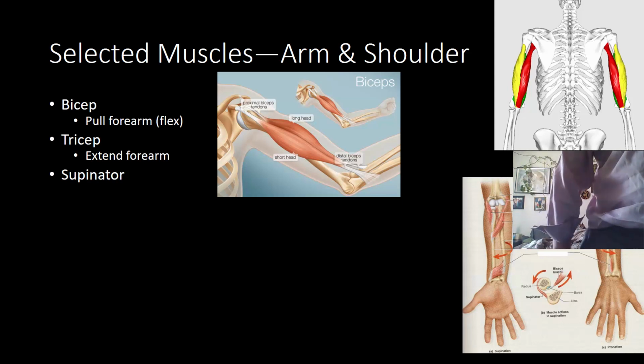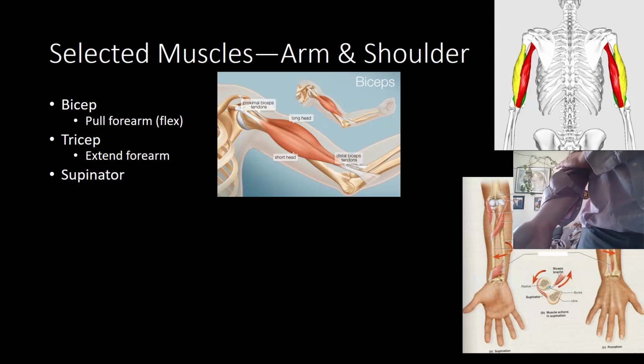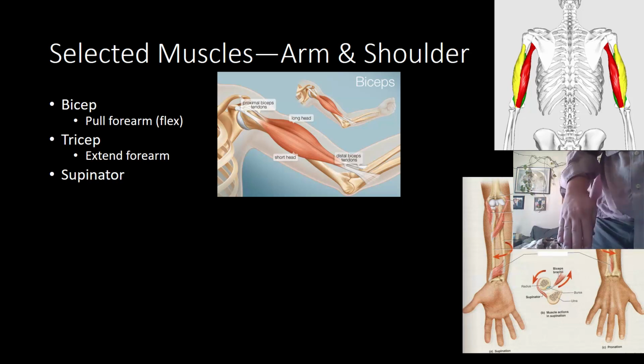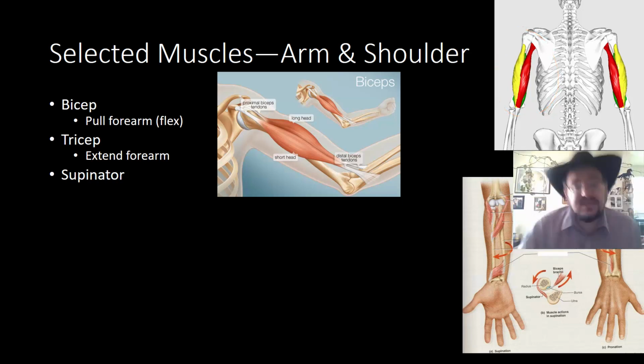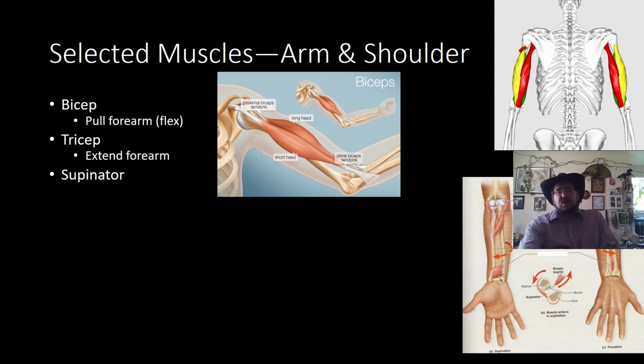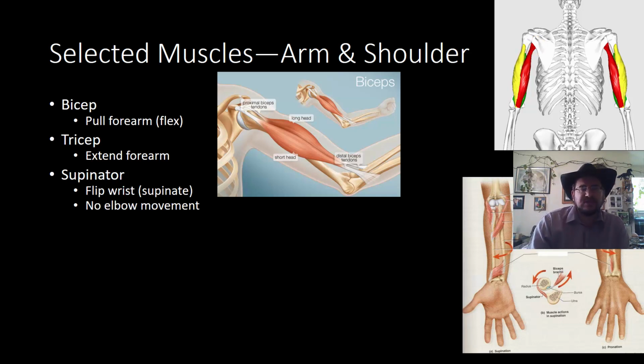I can twist my whole arm at the shoulder joint. That is not the supinator. The supinator is when my elbow is held still and I flip over my wrist. Supinator flips the wrist. And amazingly enough, that action is called supination. So the supinator supinates. Flips the wrist without the elbow moving.